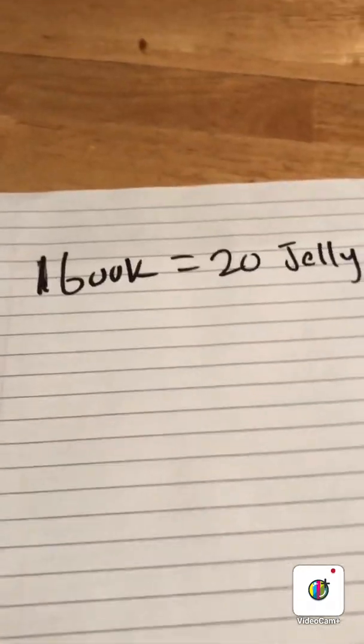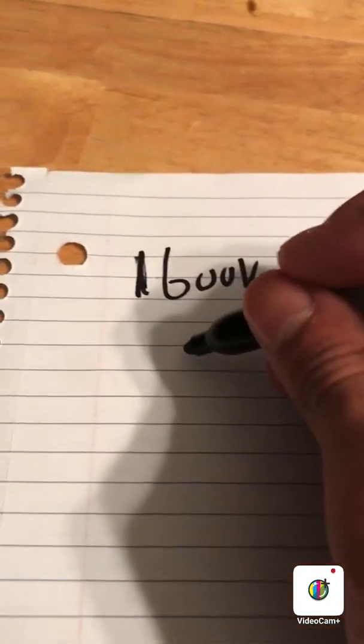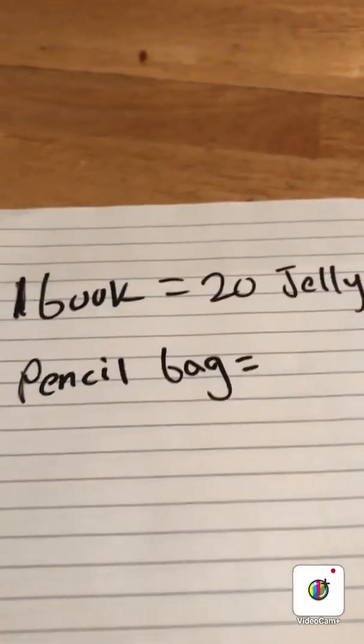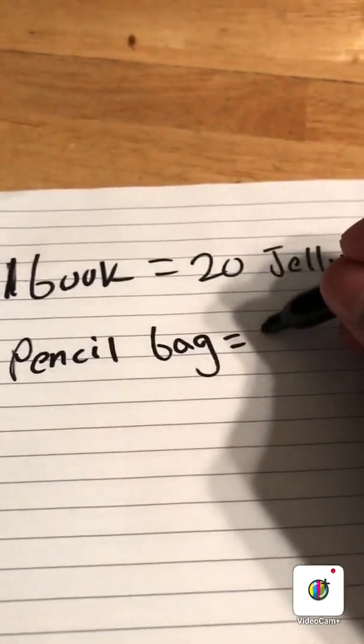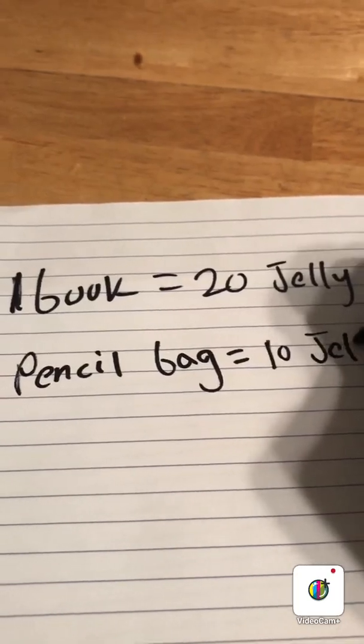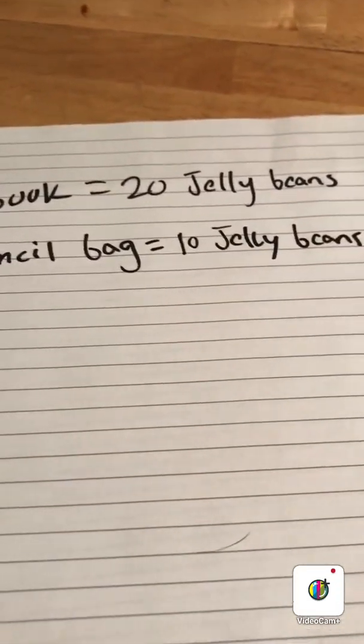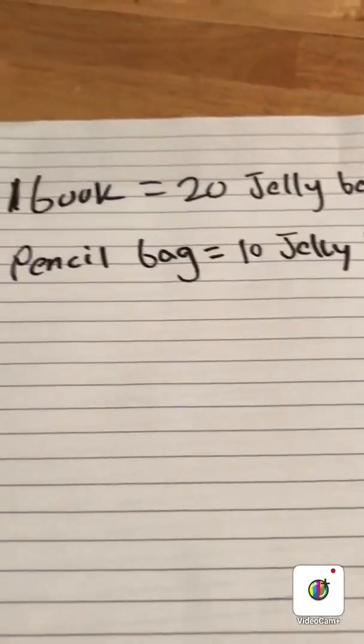And then we had a pencil bag that was equal to about 10 jelly beans. Just for the sake of this experiment, we're going to say it equals 10 jelly beans. We know it doesn't really equal 10 jelly beans, but we're just going to say it does.